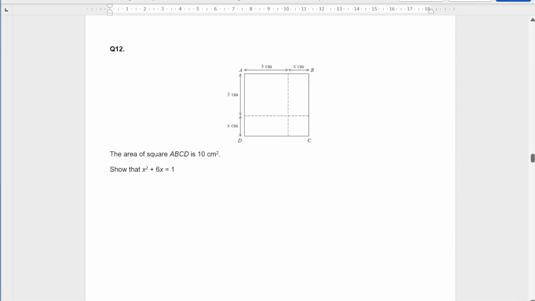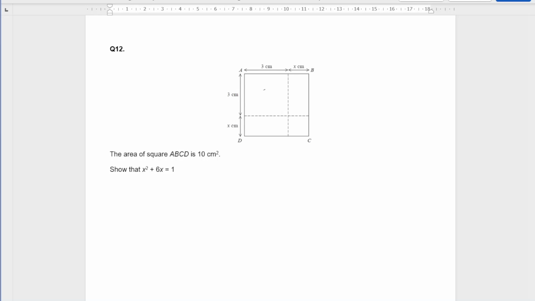Okay, question 12. The area of the square ABCD is 10 centimeters squared. Show that x squared plus 6x is equal to 1. So there's a couple of ways you could do this. I'm going to do it on the diagram.